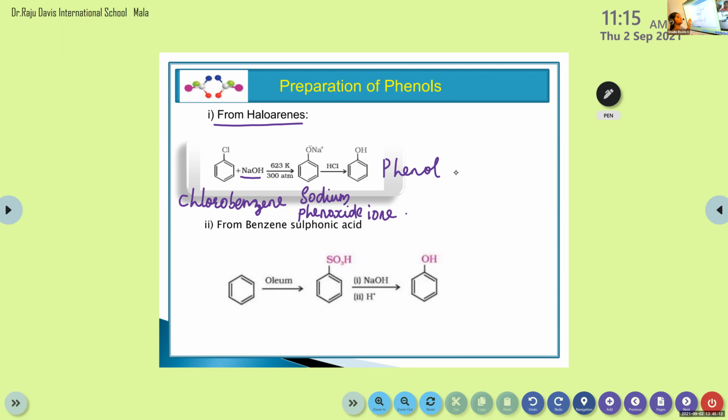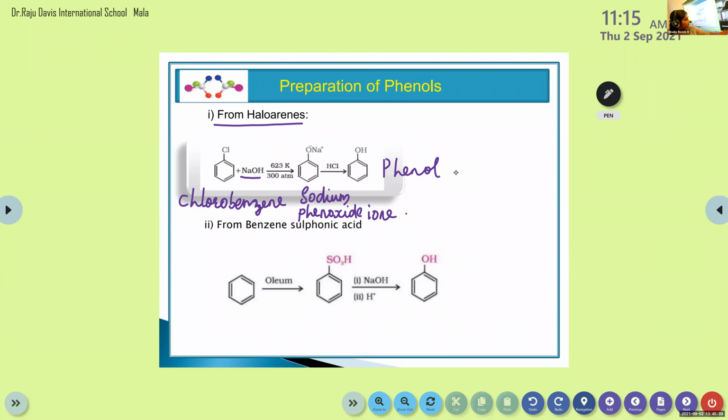Here the chlorobenzene is treated with sodium hydroxide at 623 Kelvin temperature and 300 atm pressure. It is converted to sodium phenoxide ion. Then through the acidification of the sodium phenoxide ion, phenol will be obtained. This is the method of preparation of phenol from haloarenes.